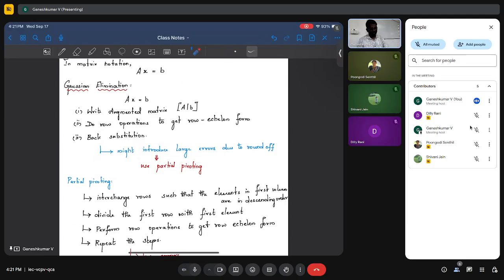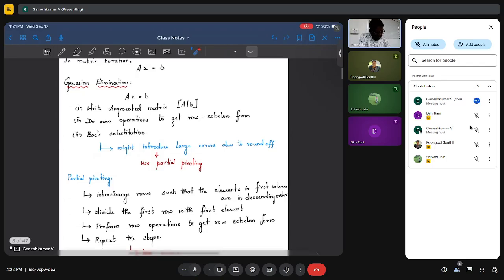In direct methods, we saw Gaussian elimination. The methodology starts like this: you take the A matrix and augment it with B, so we get an augmented matrix. A has n cross n entries, and this has the same n rows but n plus 1 columns.